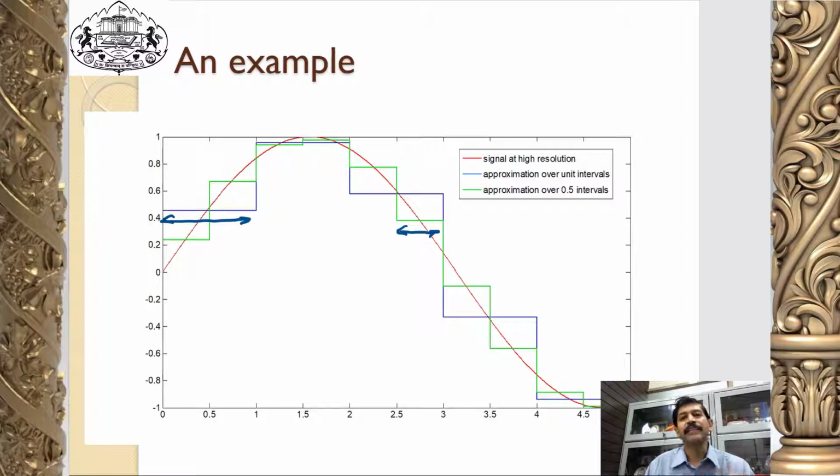These windows are called dyadic windows because I can have 1 upon 2 to the power 1, which is half, then 1 upon 2 to the power 2, which is 1 by 4, 1 upon 2 to the power 3, 1 by 8, and this continues, 1 by 16, 1 by 32, and you can imagine 1 over 2 to the power 100. So a very small window, and this will keep going on and on.